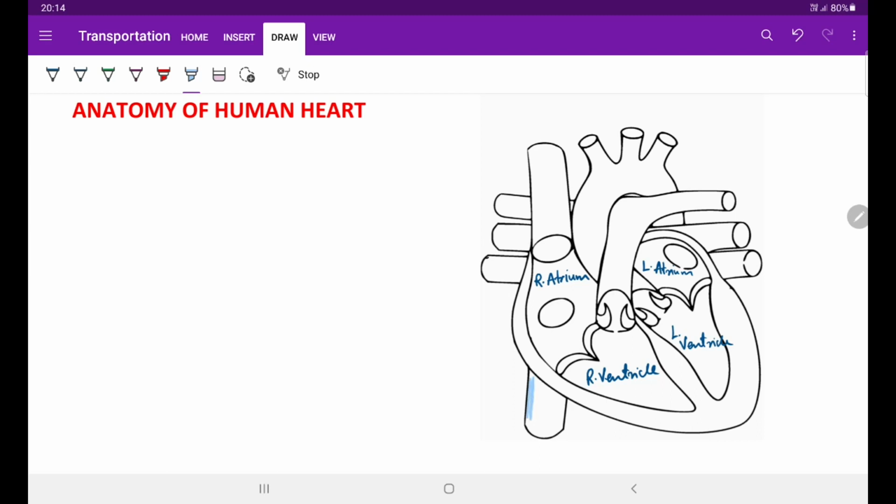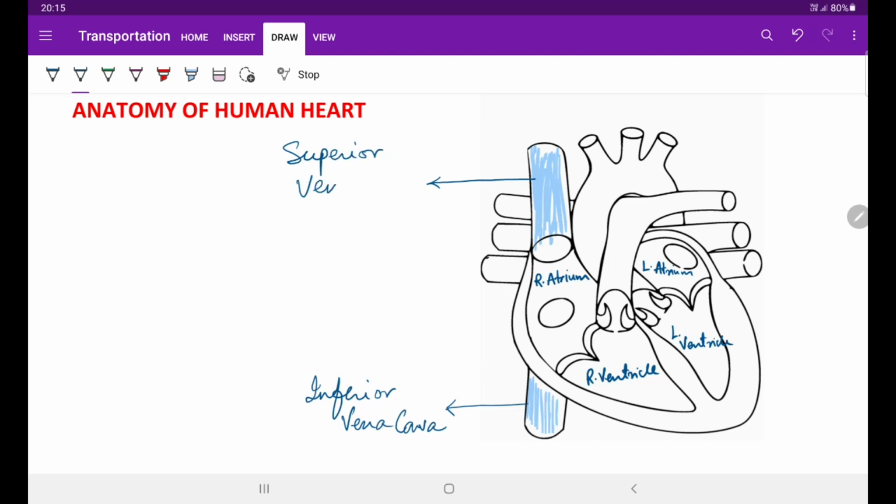These blue vessels which are shaded supply the blood to the right atrium. What do we call these blue blood vessels? This one is called the inferior vena cava, whereas the blood vessel coming from the top is called the superior vena cava.